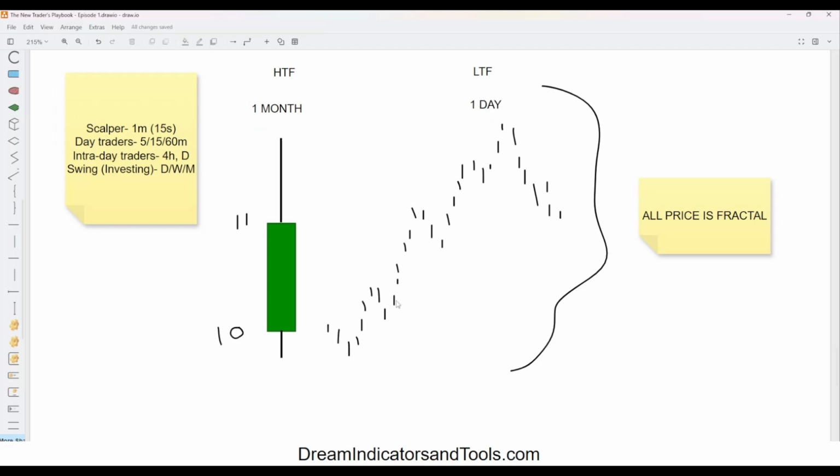Now, of course, there are not 60 days in a month. You may get about 20 or 22 days in your month. But the point is, they will look the same. It will be the same because price is fractal, which means that you can always rely on what you learn to use it to trade in any time frame.